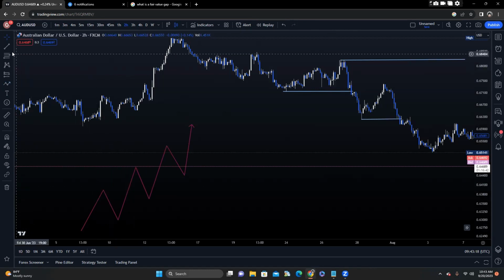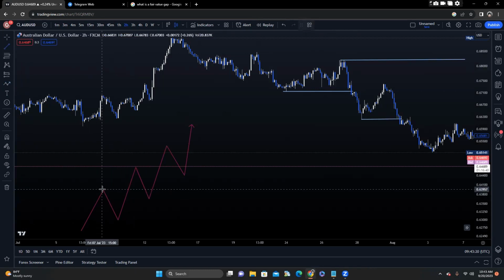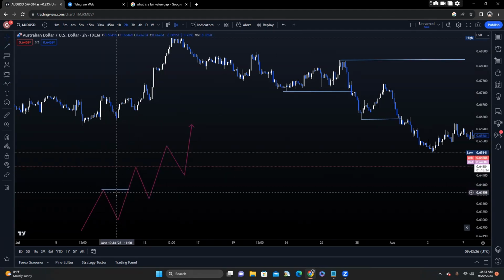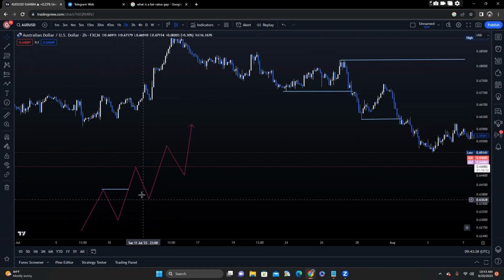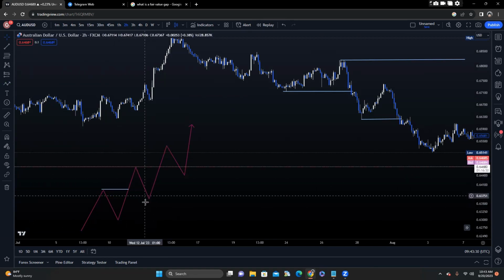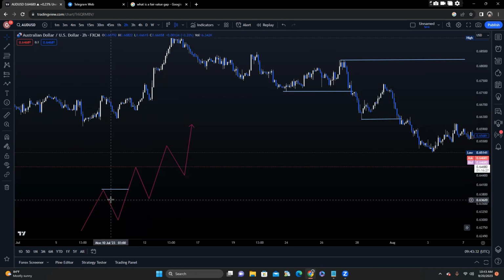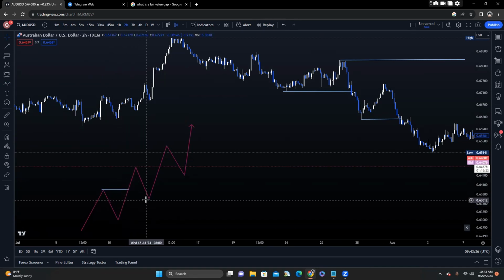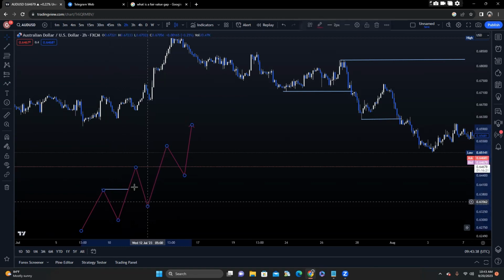Whenever a break of structure happens from the previous high, this is the previous high, this is the new high. So each time there's a break of structure, what we can anticipate is that the price is going to reverse back into this level to now fill in either a fair value gap or pick up a new demand zone from there.